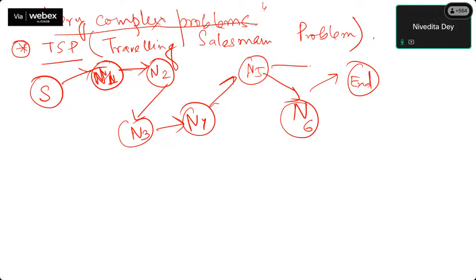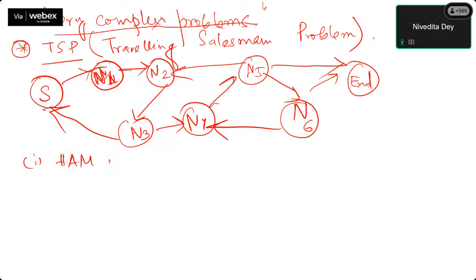There can be, of course, some intermediate vertices or some loop. But the condition is you can only traverse from S to end using a Ham cycle. What is it? Like a Hamiltonian cycle.